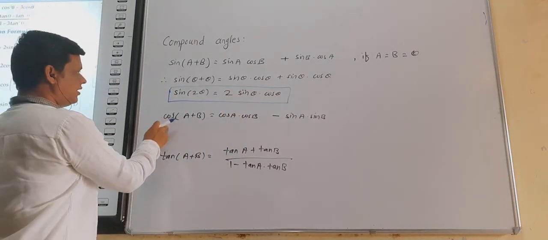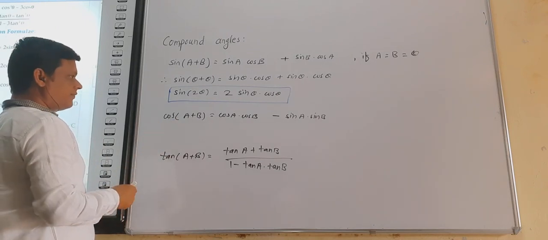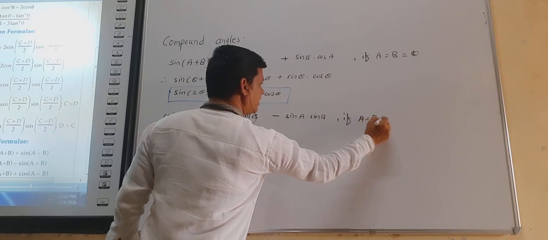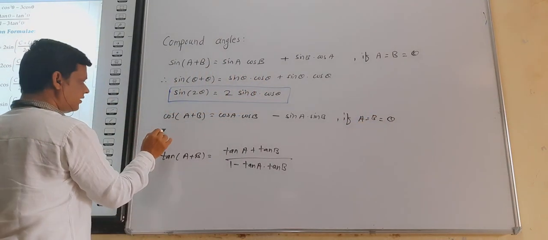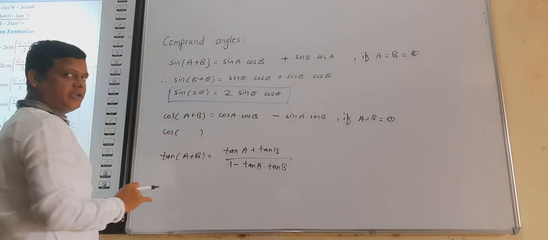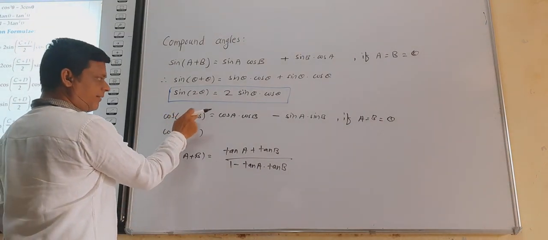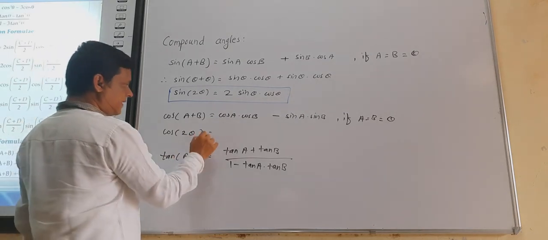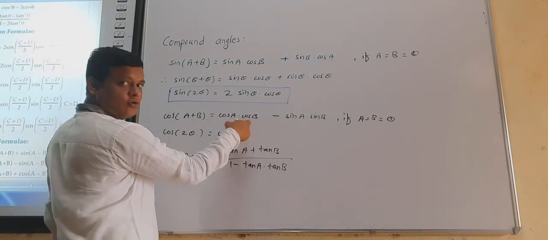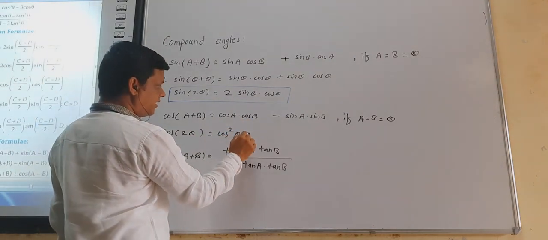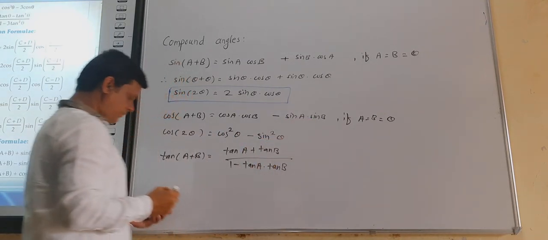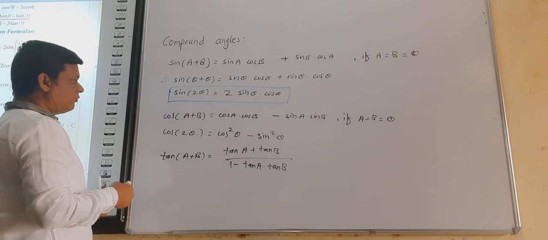Now in the next formula, if A equals B equals theta, then for cos we write directly theta plus theta, so we get cos 2 theta equals cos theta into cos theta, that is cos square theta, minus sin theta into sin theta, that is sin square theta. This is another double angle formula.